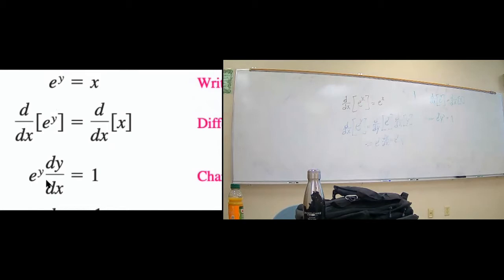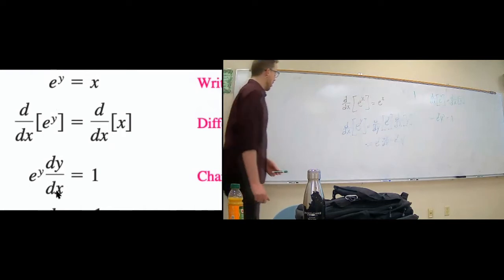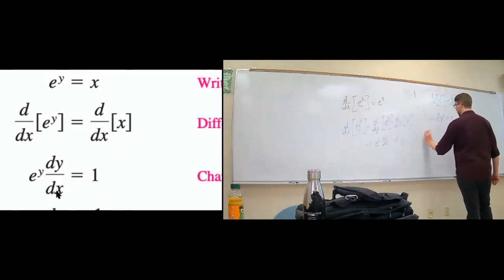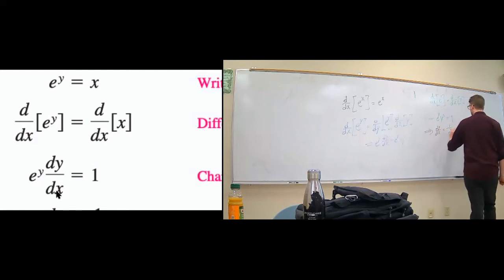Okay, this is all well and good, but we've got to solve for dy dx here. So solving for dy dx, we get that dy dx is equal to 1 over e to the y.